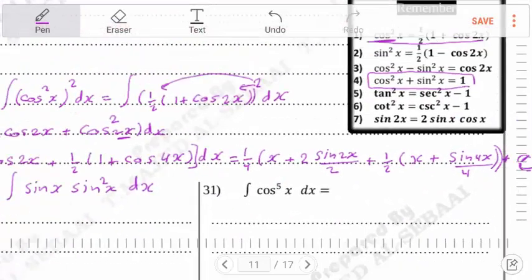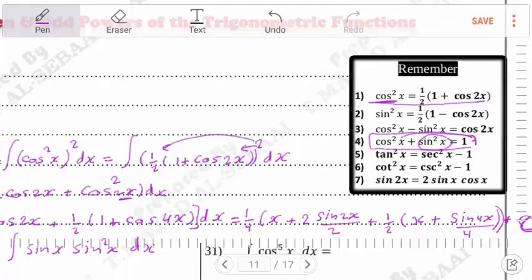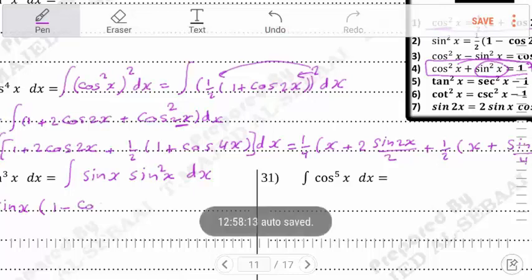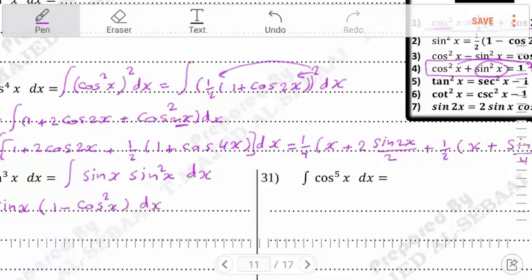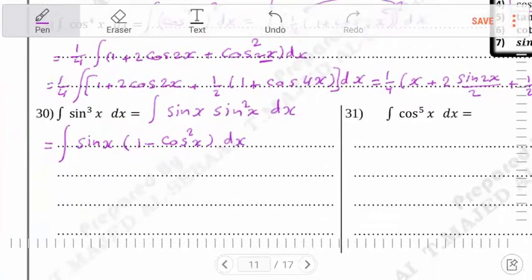Can't I make the sine the subject by taking cosine squared to the other side? So sine squared is going to be 1 minus cosine squared x. Was it clear for you? Yeah, teacher.